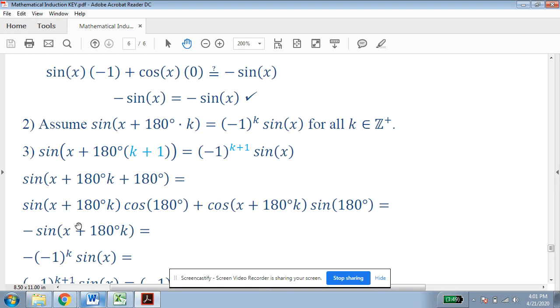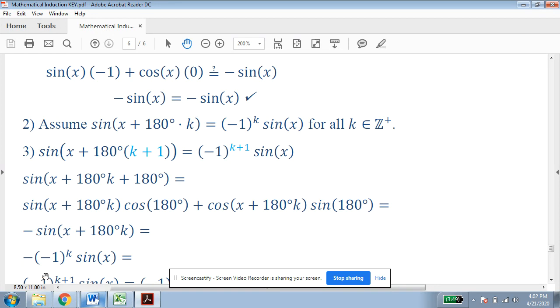Notice what I have here in this step is the same thing that I had up there in my assumption step: the sine of x plus 180k. So I can replace that with -1 to the k power times sine of x. Notice this negative here still hangs out front. I'm just replacing the positive sine of all of that with -1 to the k times sine of x.